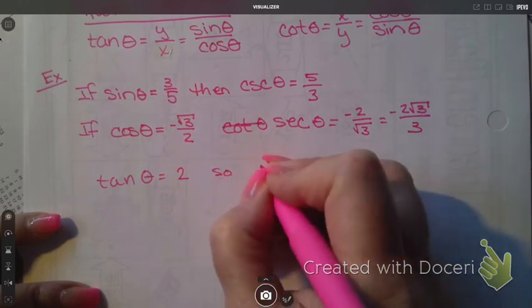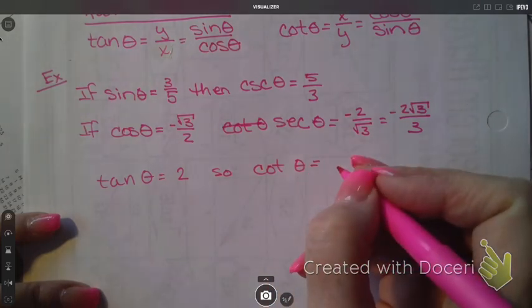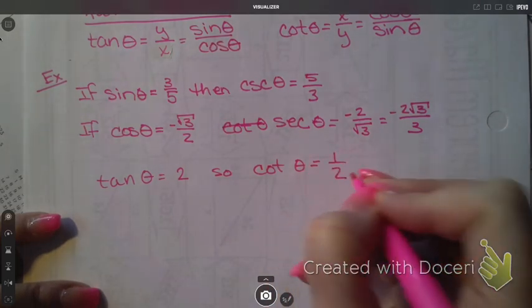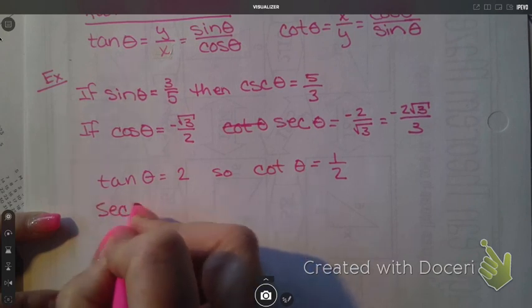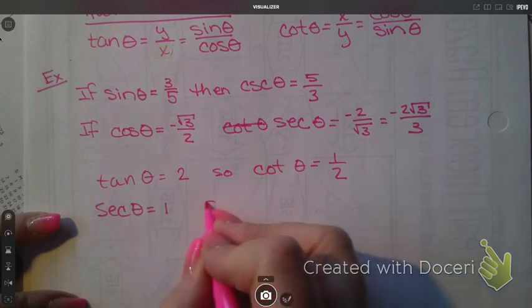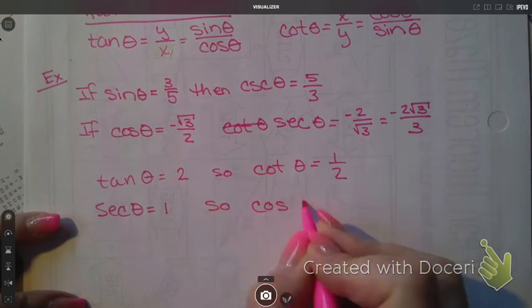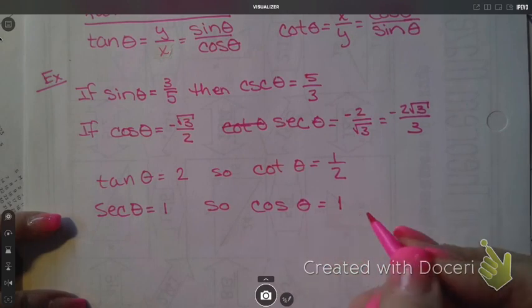Cotangent of theta is 1/2. Secant of theta is 1. So cosine is 1. The reciprocal of 1 is 1, right?